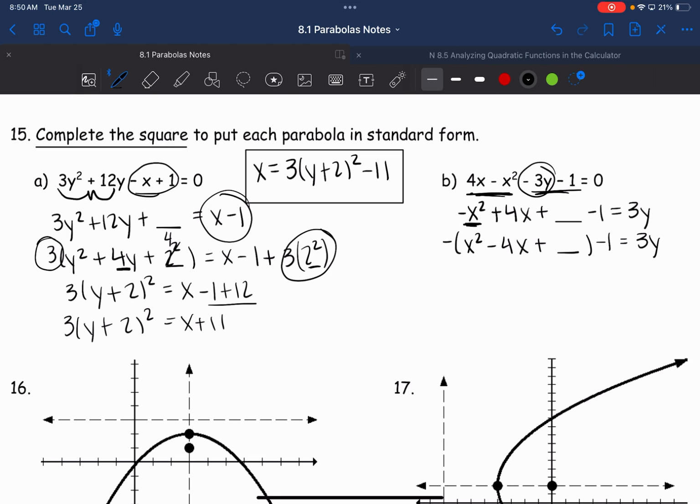Okay? So remember, I look at this term right here, which is -4, and I half it, right? So when I half it, I get -2, and that's what I put in the blank here: -2 squared. Or you could just write it as 4, right?